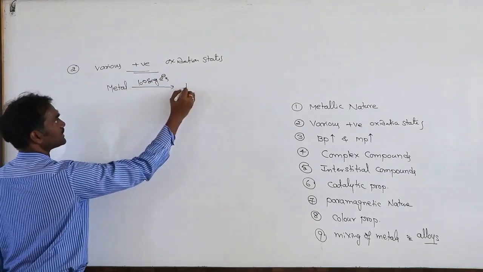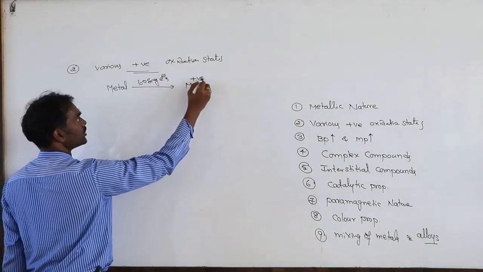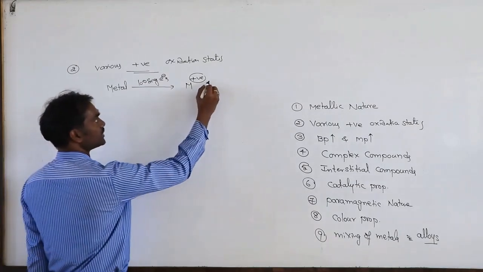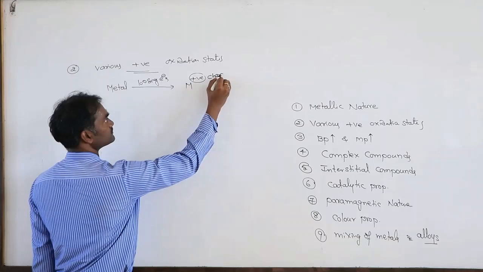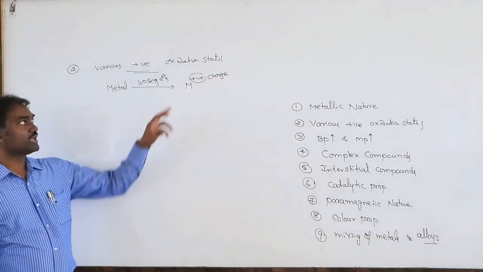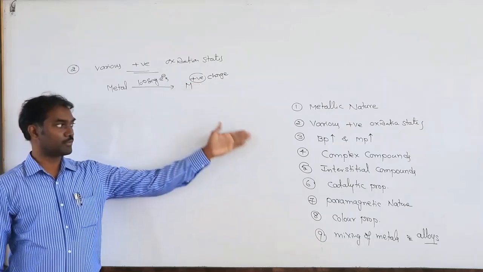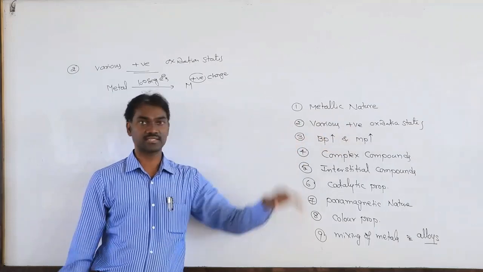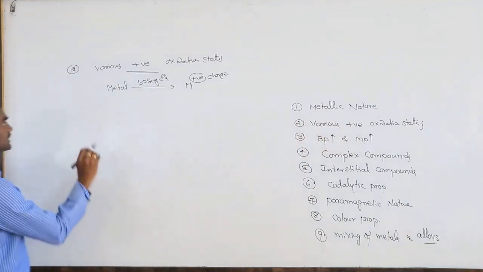Losing electrons means it becomes positive. So on the metal surface you are getting positive charge. Metals usually show only one positive oxidation state, but the D block elements' special character is what? Various positive oxidation states. So many are coming.